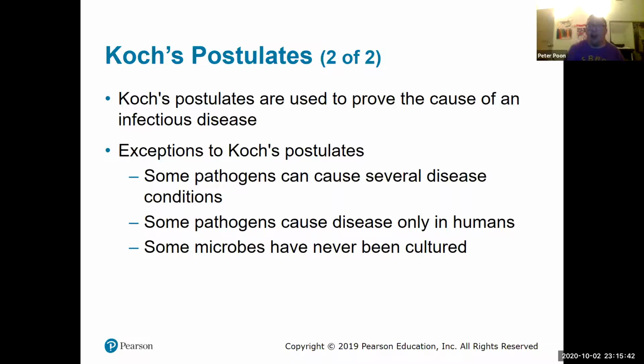Like smallpox is only in humans. Polio is only in humans. HIV is only in humans. And therefore you can't really say, look, I'm gonna inject people with HIV and see if they die, okay?